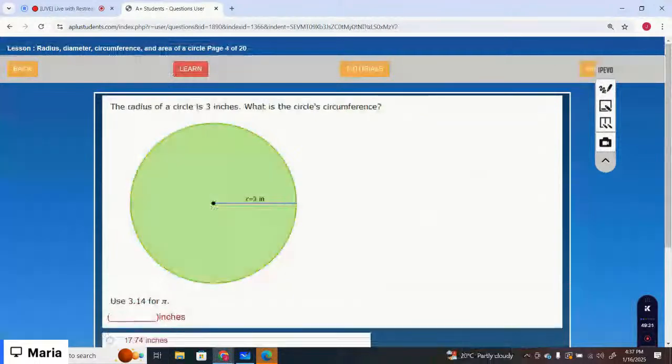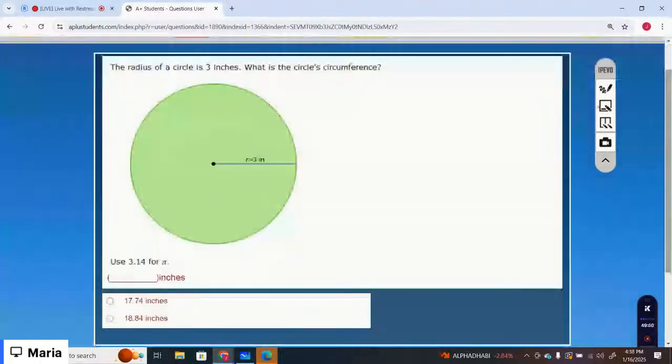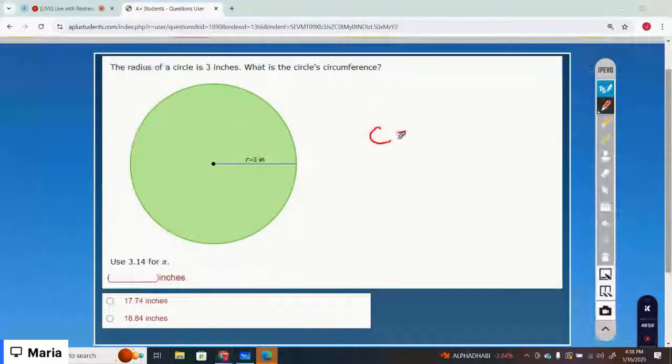The radius of the circle is 3 inches. What is the circle's circumference? The circumference formula is C equals 2 pi r. 2 times 3.14 times r. 3 times 2 is 6.